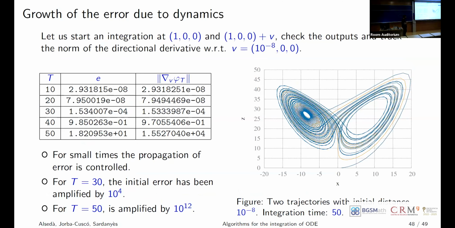And then let me do a numerical experiment. I'm going to use the very same initial condition as before, 1, 0, 0. And then I'm going to use a second one with a perturbation of 10 to the minus 8 in direction X, and 0 in the others. So these two initial conditions are so close we cannot detect it in a plot like this.